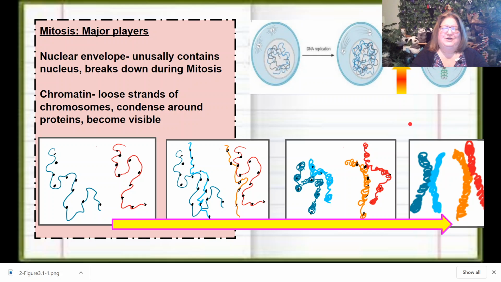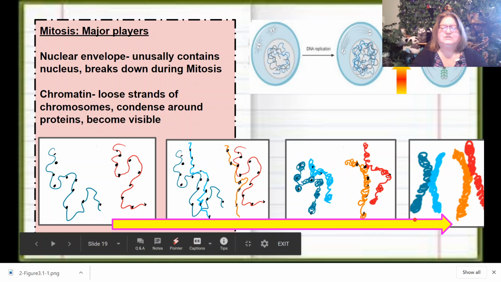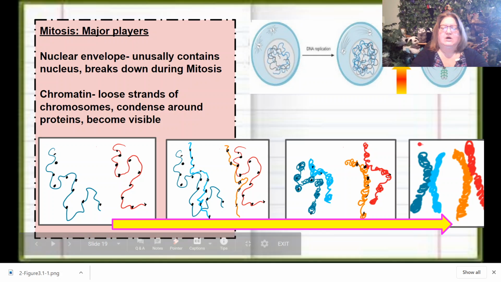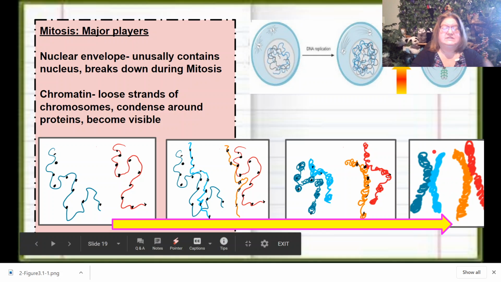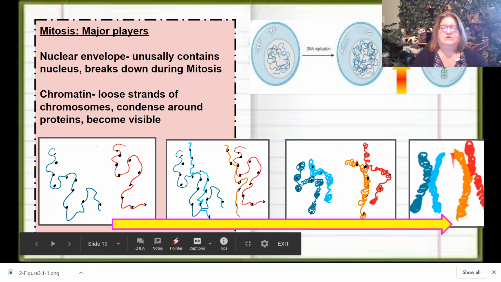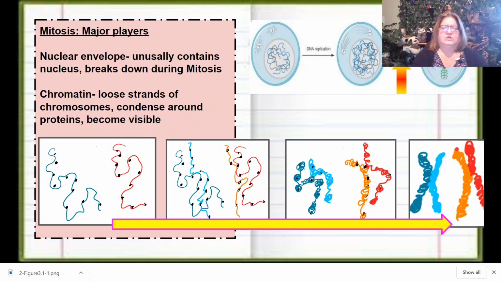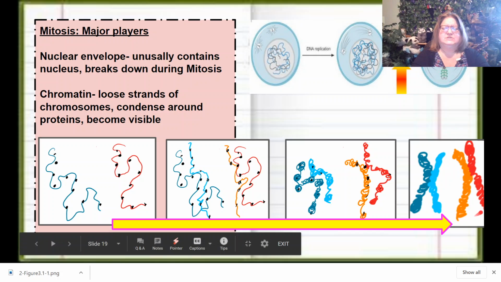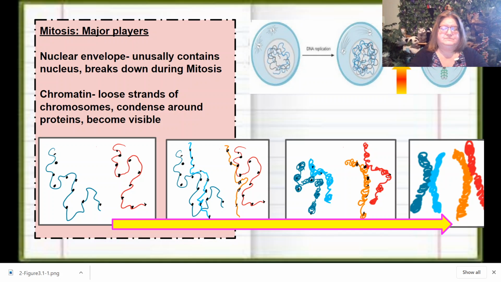If you paused, you should have said that we have two chromosomes. One here, the blue one, it's duplicated, but it's still one. And then we have another chromosome on the right, the one that I kind of made orange and red. So that's the second chromosome. It's duplicated, but it's still just one chromosome.